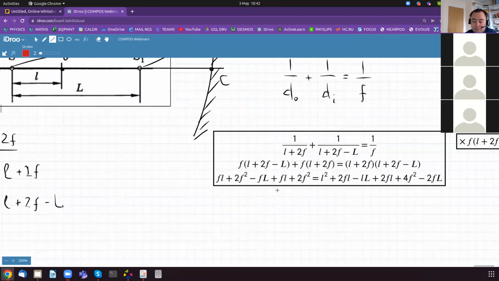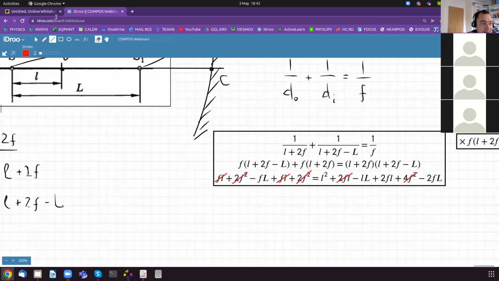Okay, so 2F squared plus 2F squared and 4F squared, they cancel. Now FL plus L small and 2FL cancel. Is that it?